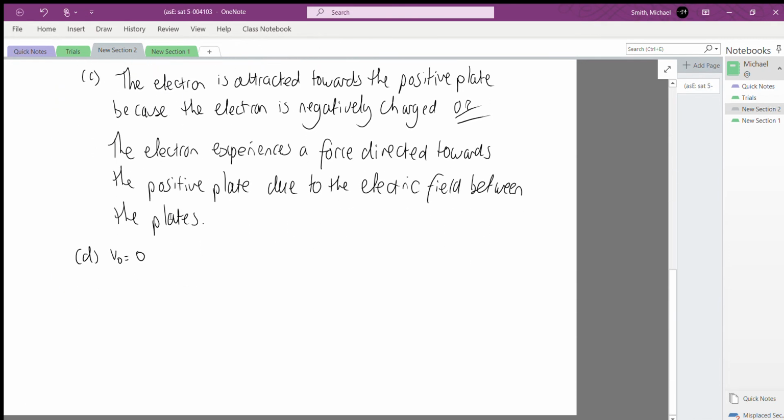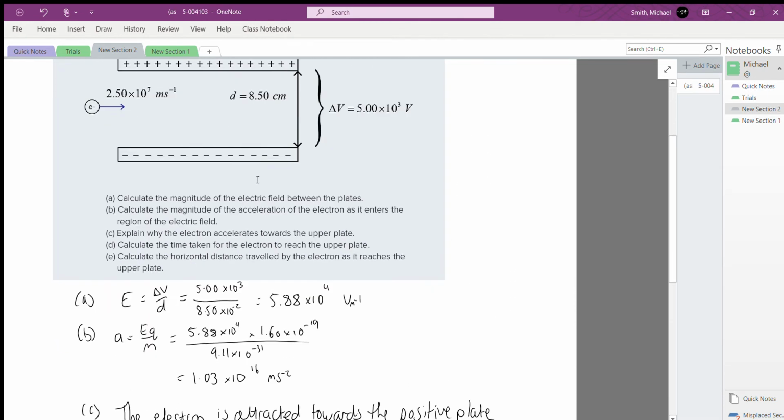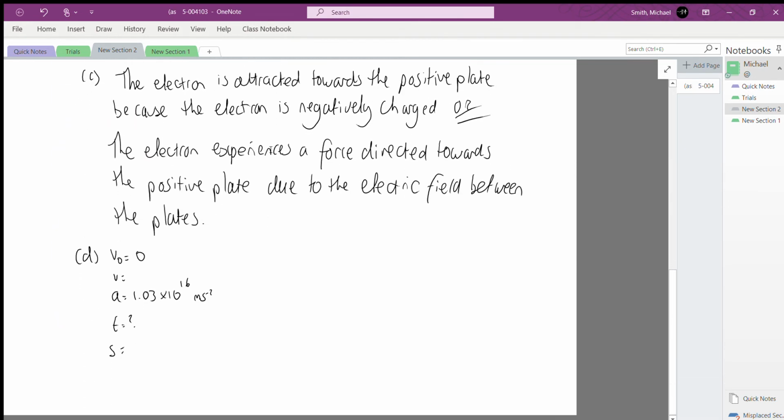So here the initial velocity is all horizontal, so the initial vertical velocity is 0. v, don't care about at the moment. a is, we've calculated before, 1.03 times 10 to the power of 16 meters per second squared. t is what we're trying to work out, and s is halfway between the plates. So if it's 8.5 centimeters, then s here will be 4.25 centimeters.